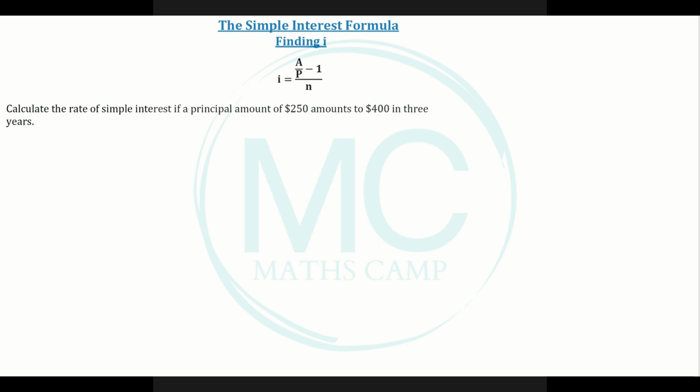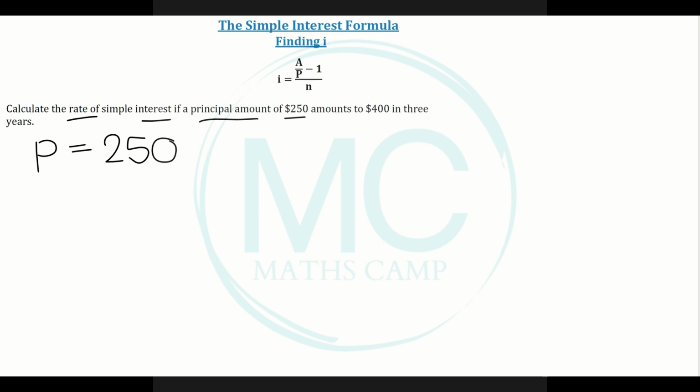Let's look at some examples. Calculate the rate of simple interest if a principal amount of $250 amounts to $400 in 3 years. This question asks us to find the rate of interest, so we need to solve for I. Let's start by finding our A, P, and N values. The principal amount is $250, so P is equal to 250.